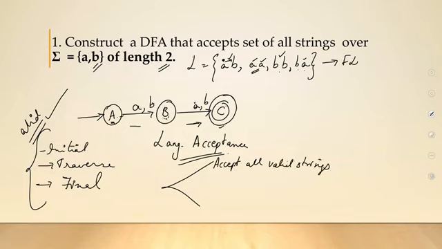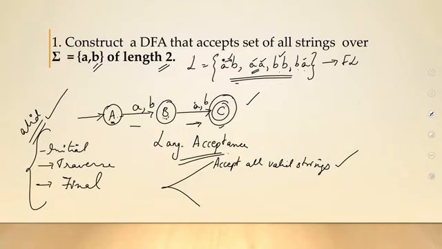The first thing is that all the valid strings should be accepted, which means the finite automaton you constructed should be capable of accepting all valid strings. If you look here, the only valid strings in this language are these 4 strings. You take any of them, and my automaton will accept it. So my first condition is satisfied.